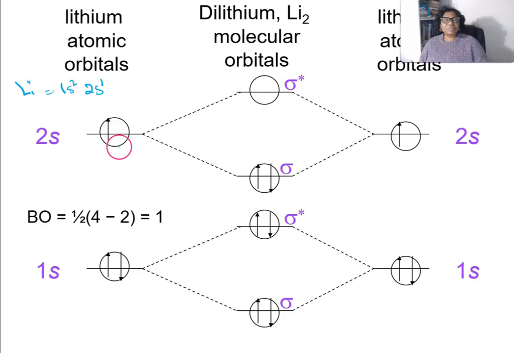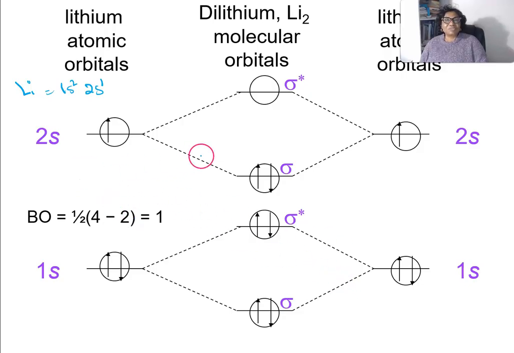So we have two lithium atoms. They mix their s orbitals. They form the molecular orbitals. You see, this is the sigma and this is the anti-sigma for the 1s.